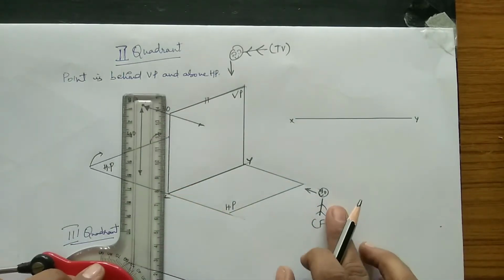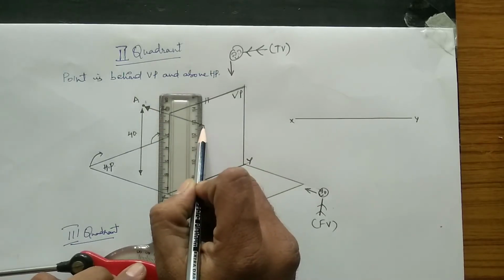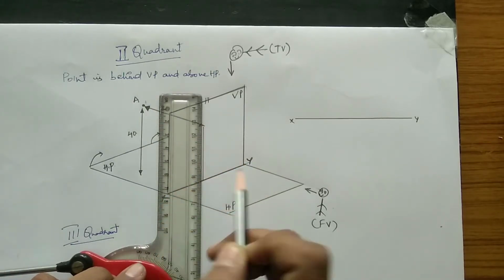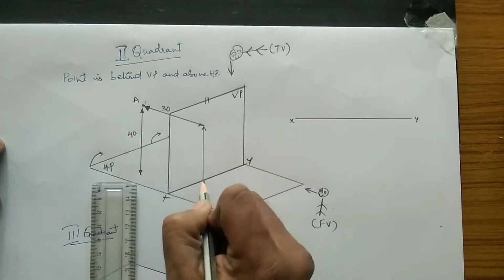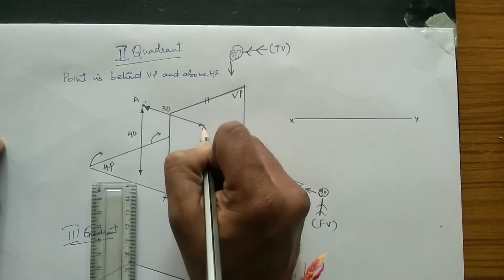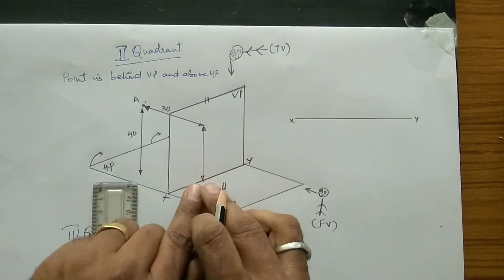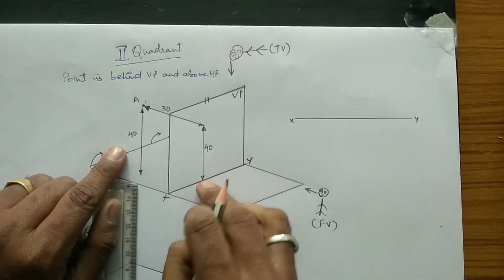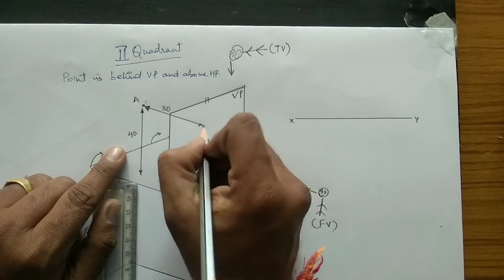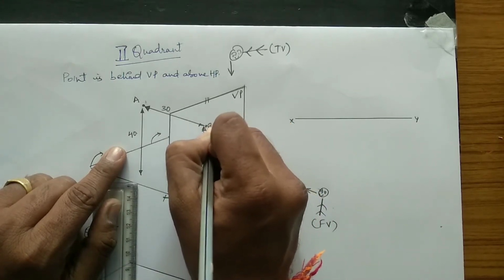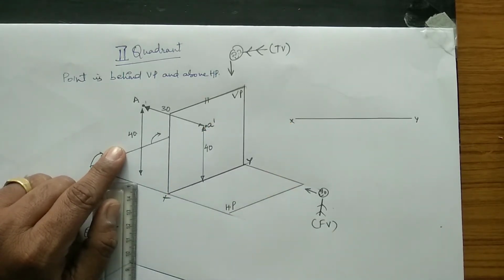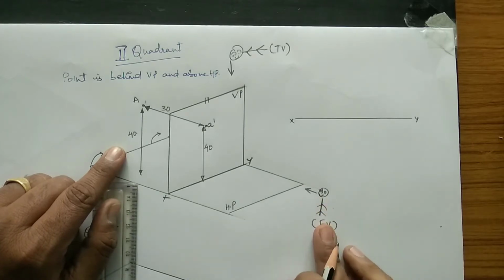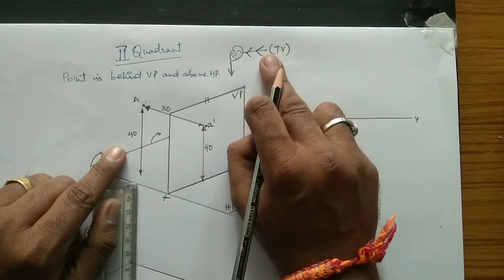When you see from the front view, the projection is at a height of 40 mm from the reference plane. The position of the point here I mark as A dash. After the front view we go for the top view.